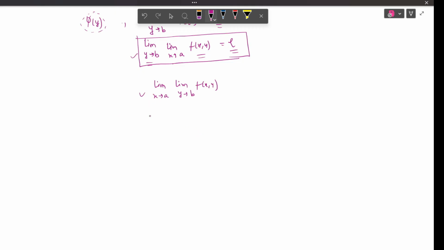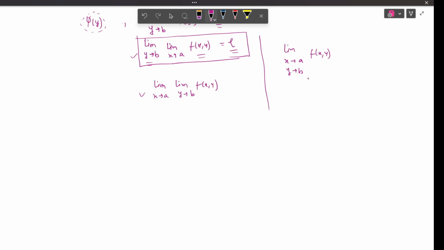Moreover, the simultaneous limit, limit x tends to a, y tends to b, f of x comma y may not be equal to the repeated limit.